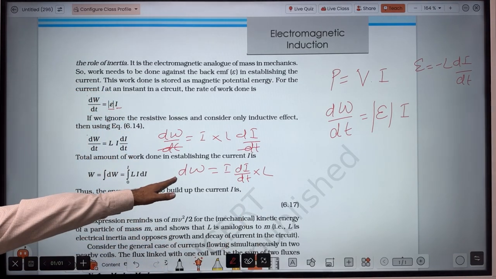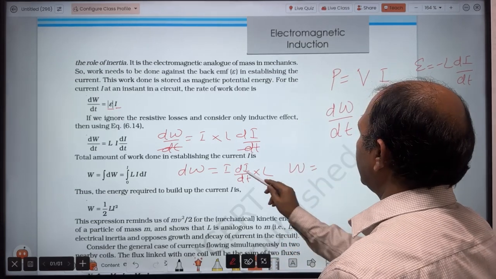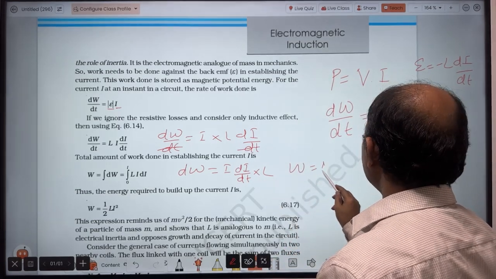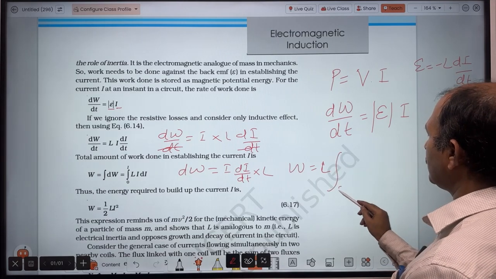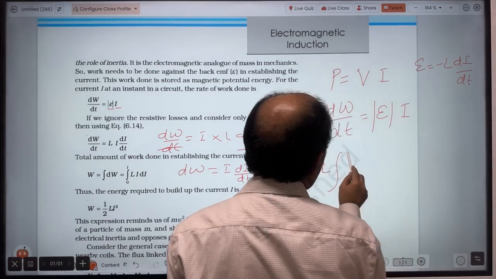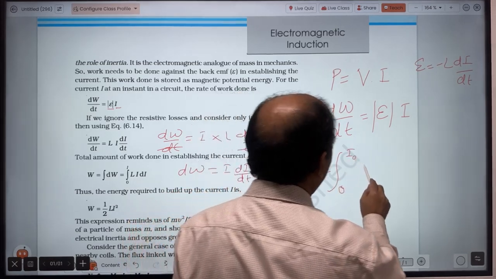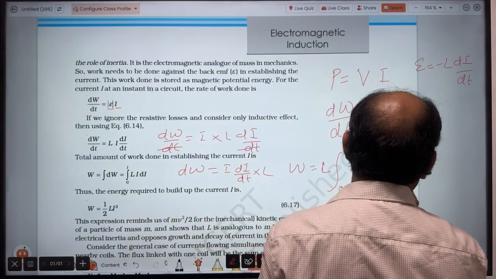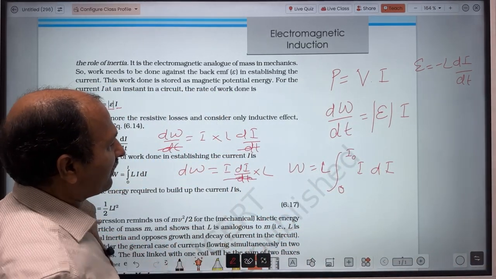And then if we integrate it, the LHS will become W, and here L is constant, so we can keep it outside. Integration from 0, here the current is being changed. So suppose we write the value of current from 0 to I0, the highest value, then I di, right? Here dt is already removed, so dt will not be there.